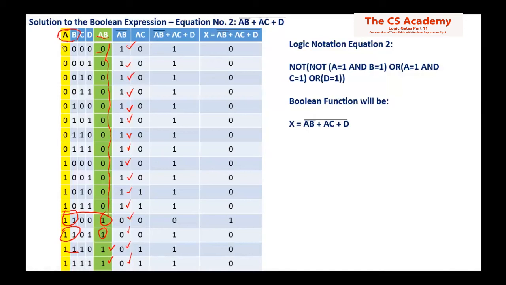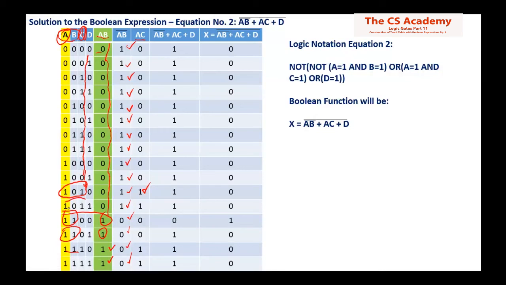And now AC, you are going to calculate AC again. A and C means ANDing. So A and C again come downward, and see where C becomes 1 with A. Not both the values 1, A and C are not 1 together. Now here this case, A and C are 1, you can see 1 is here.